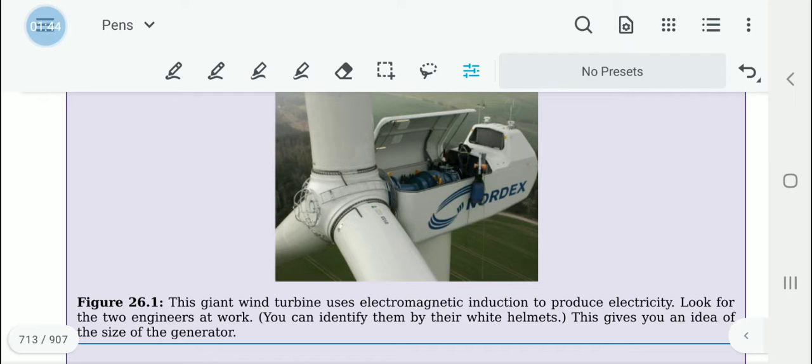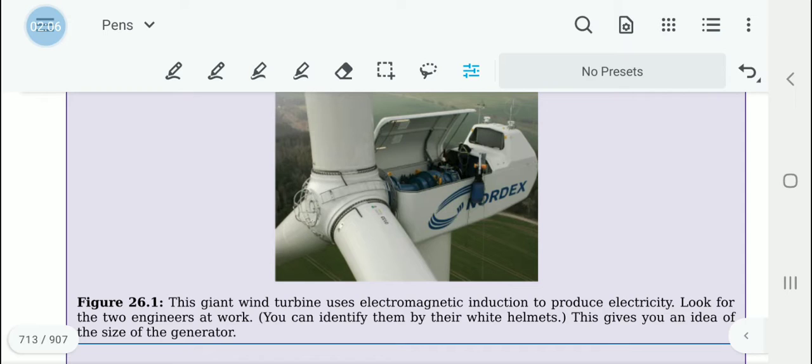In diesel and nuclear energy, we use the nuclear power or the heat energy produced by burning fuel oil to boil water, and that steam is pumped through high pressure tubes to rotate the turbine.